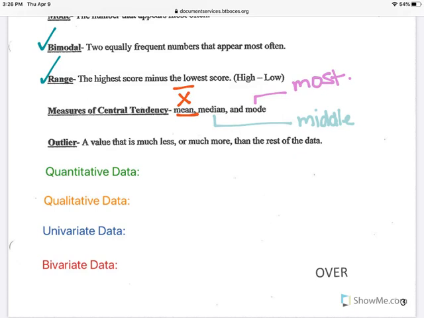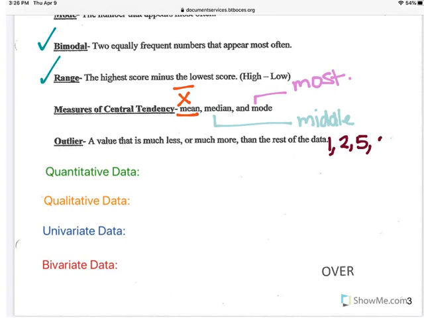The next thing that is new is outlier. Now, outlier, if you think out, it's like out of the main spread of data. So it's a value that's either much less or much more than the rest of the data. In the list of numbers that I gave you, there wasn't an outlier, but I'll make one up now. So if I said, here's your list of numbers, 1, 2, 5, and then 36, right?